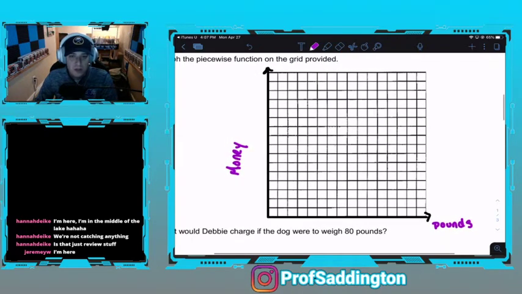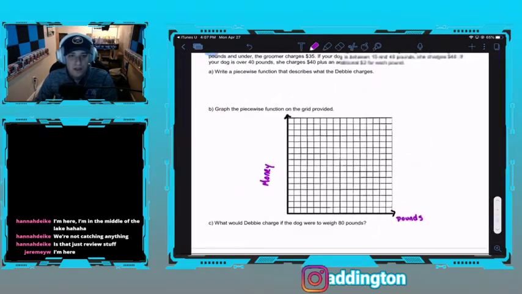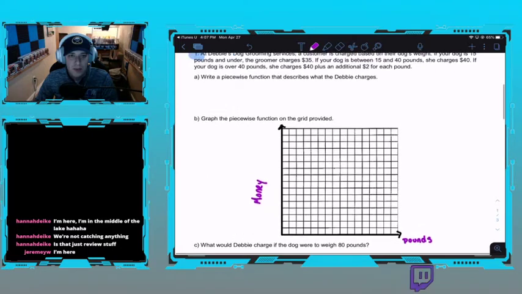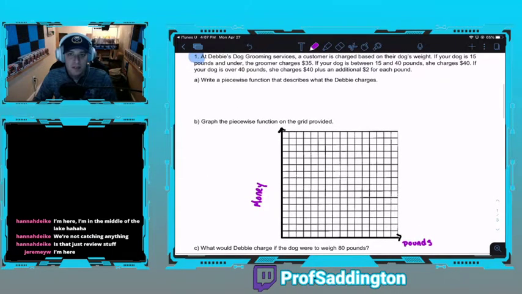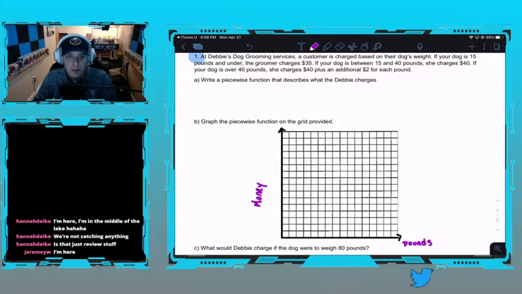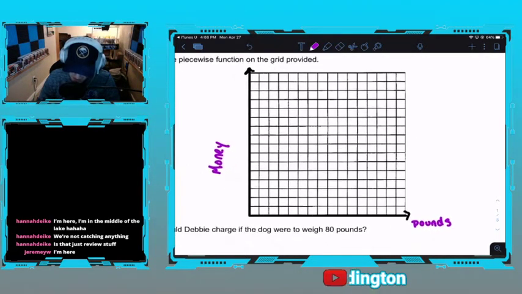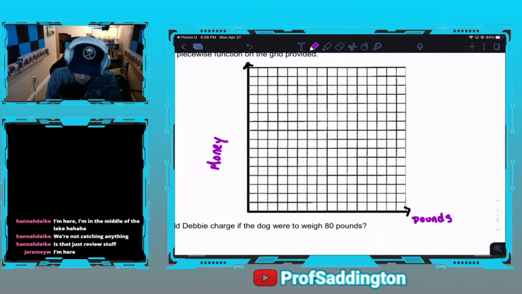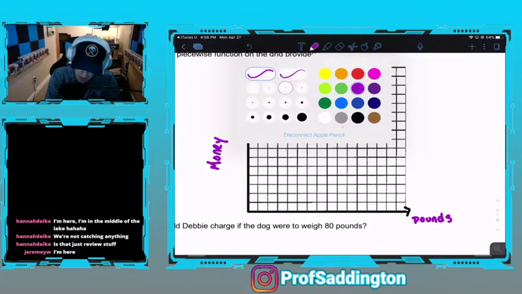And just so we can try to fit everything on here, I think I'm going to write it out. I'll count by fives because it looks like we're going to go as low as 15 pounds all the way up to 40. Yeah, I'm going to count it by fives. So we got 5. I got to change the thickness of the pen.